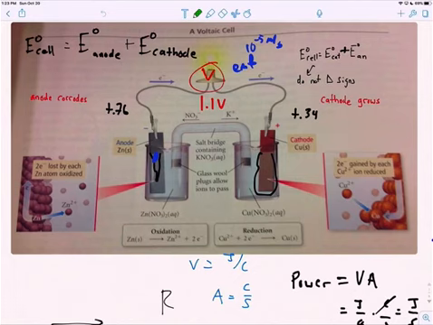Now, one thing with this, the electromotive force with metals is an intrinsic property. So it does not matter how much stuff you have.